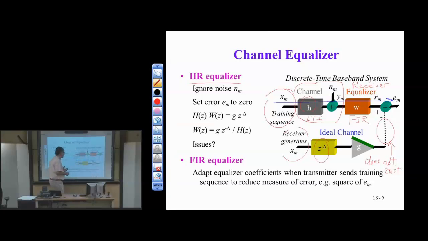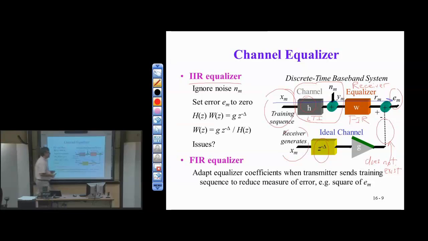How does that compare against the ideal channel that I'd like to have? The difference between the two output values is our error. We'd like to drive the error to 0 if we can. We'd love to have the equalizer give us an equalized channel, by which I mean the cascade of the channel and the equalizer, that looks like this ideal channel below. That's our hope. We won't get there exactly typically, but we'll get close, almost arbitrarily close.